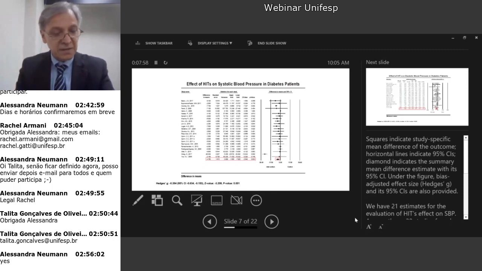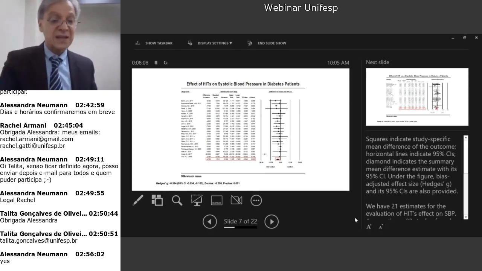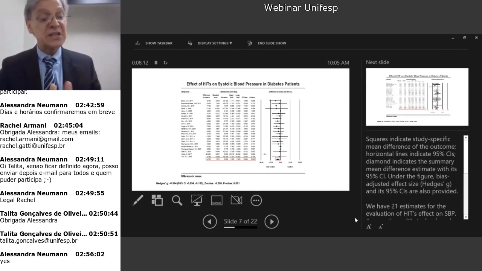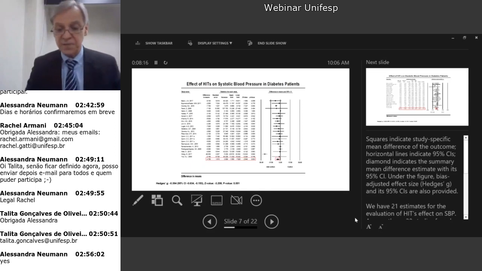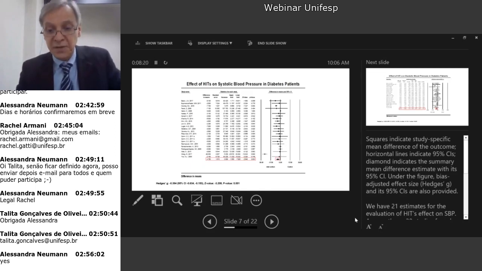It's a random effects model that includes everything under the sun, and you can see it's negative. The z-value is a negative value. The p-value is 0.001, meaning that the effect is statistically significant, and it so happens to also be clinically significant. It's not a shabby one. It's a pretty decent reduction. It's about a 21% reduction, if I could simplify it for you.